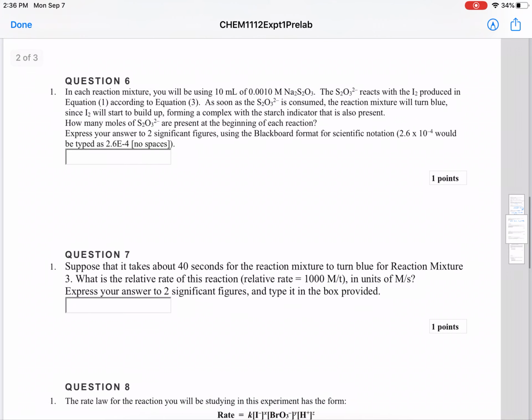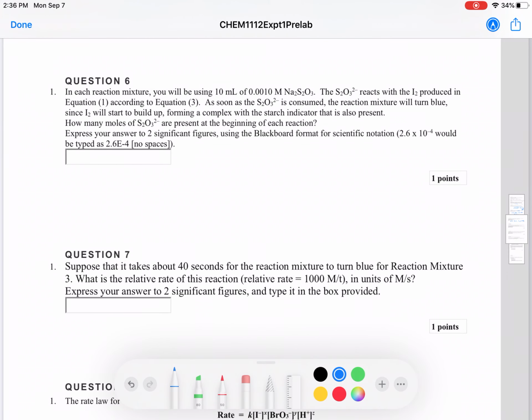And question number 6. In each reaction mixture, you will be using 10 milliliters of 0.001 molar sodium thiosulfate. It is asking how many moles of thiosulfate are present at the beginning of each reaction. Remember, for each reaction mixture we are using 10 milliliters of sodium thiosulfate; that's a constant amount, and the molarity is given. So what's the number of moles?